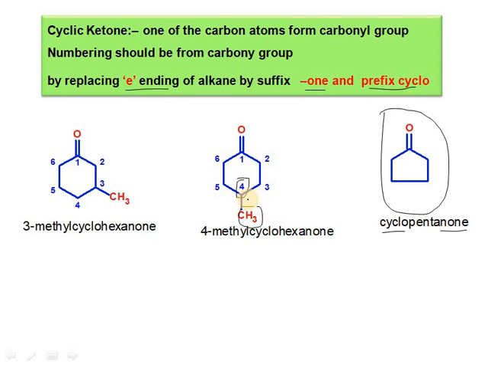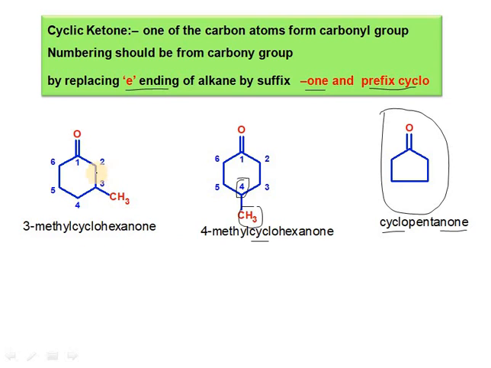The name of the substituent is indicated before the name of the parent alkane. So 4-methyl is the substituent, then the prefix cyclo, cyclohexanone, 6 carbons, so hexanone: 4-methylcyclohexanone.